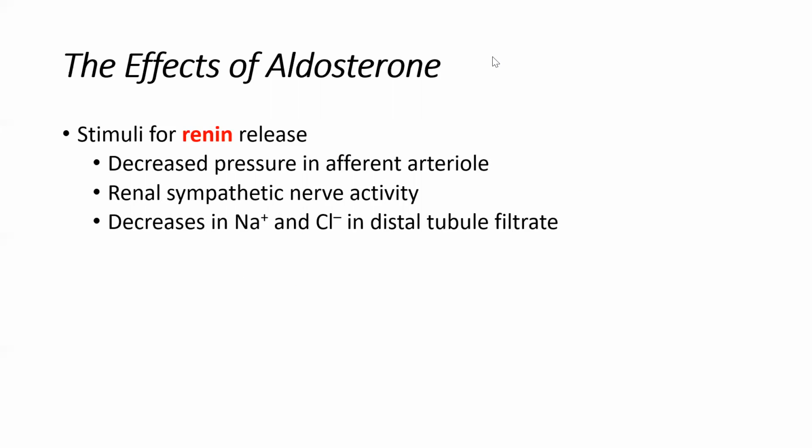So these three stimuli are going to be the stimuli for renin, but we can also think of them as being the stimuli for aldosterone as well, because as we know, renin becomes or begets aldosterone, alrighty? And then the fourth one we want to add in here is how it pertains to potassium. So whereas decreased levels of sodium in the filtrate stimulate aldosterone by way of renin, increased levels of potassium in the filtrate stimulate aldosterone as well.